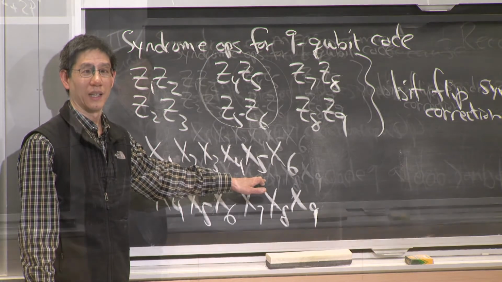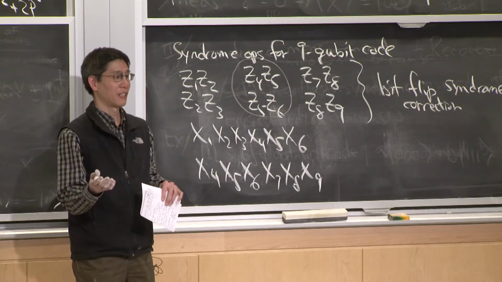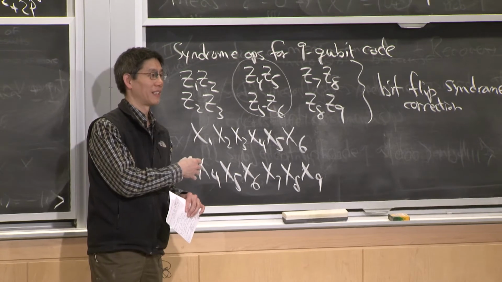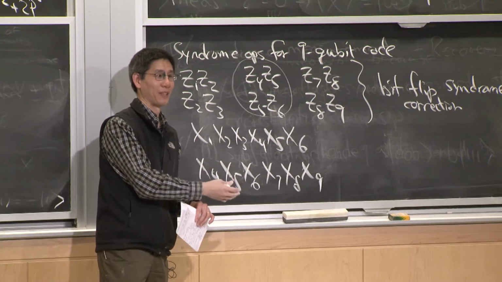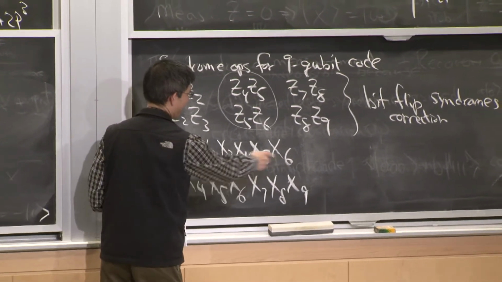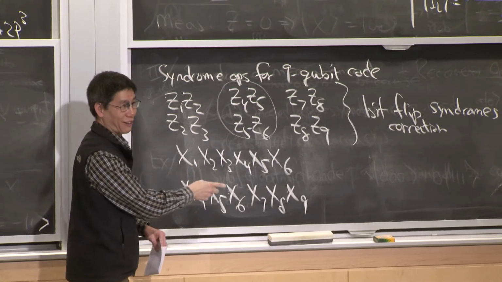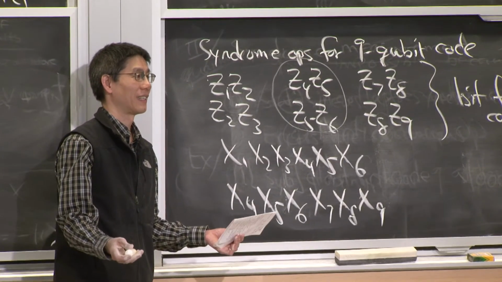Why is that? It's just the idea that this error commutes with a measurement observable. And if you commute with a measurement observable, you don't change the measurement result. So X5 commutes with this because it's just another X, and so it doesn't change the measurement result.